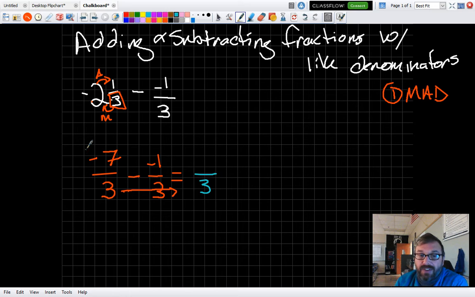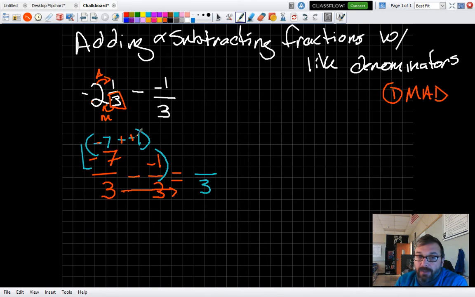Now I just need to do the math for the top portion. I have negative 7 minus a negative 1. As we just talked about, when subtracting a negative number, we add the opposite. So I'm going to add a positive 1.